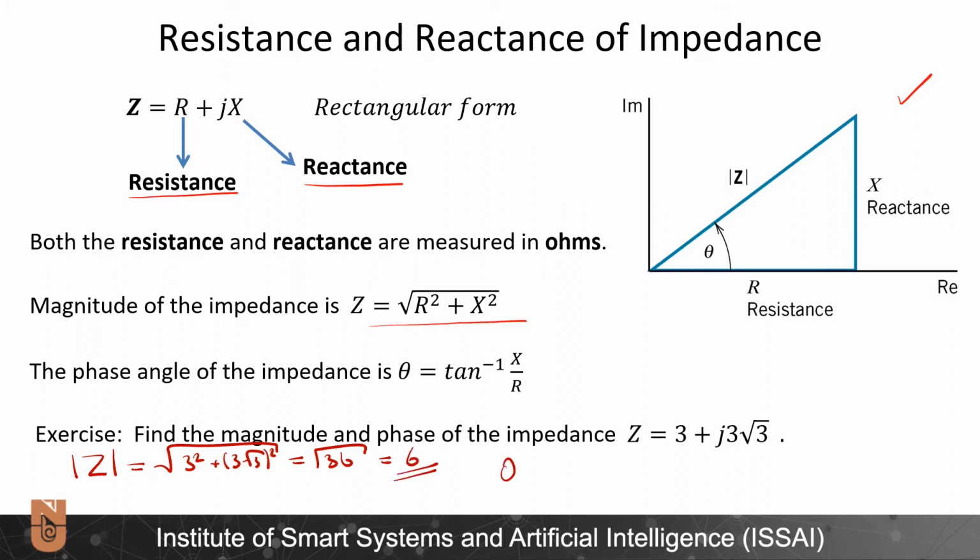And angle theta will be equal to arctangent of 3√3 divided by 3, and accordingly this will be arctangent of √3, and this is 60 degrees. So basically we found the magnitude and phase of this impedance.